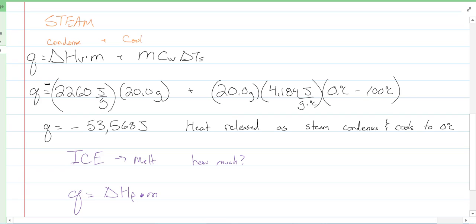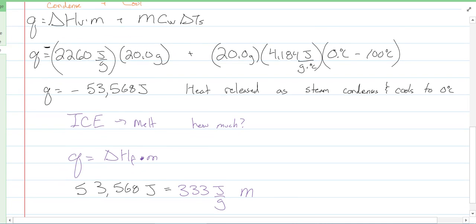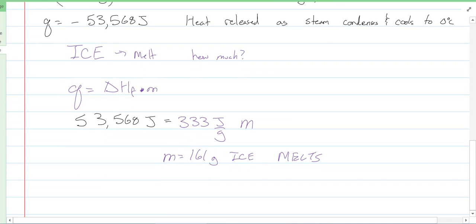Then we said, how many grams of ice does that many joules melt? It was 161. And then we did what melted, what didn't melt, and all that. The point is, if this number, 161, was more than 200, all the ice would have melted, and everything would have just been water. It wouldn't even, it didn't ask for the final temperature.